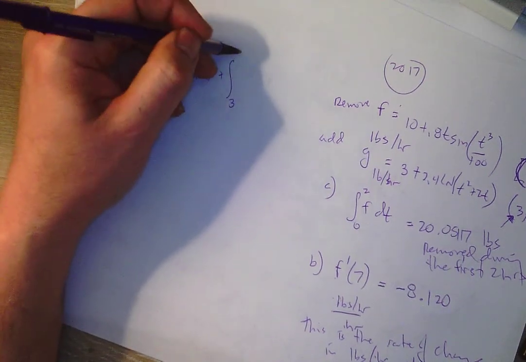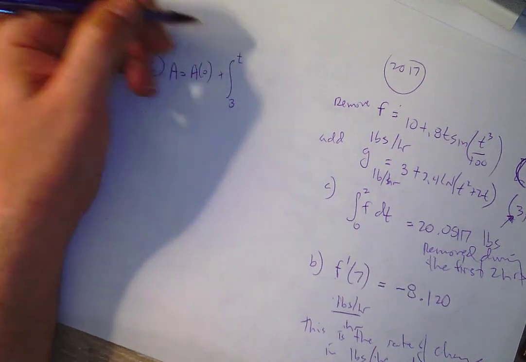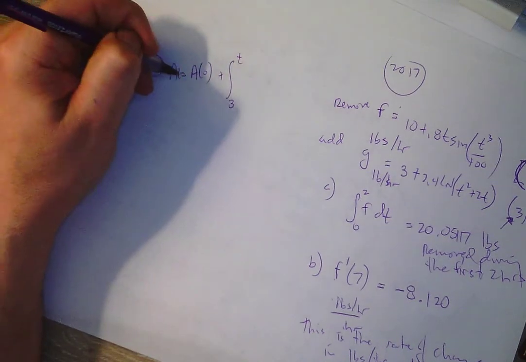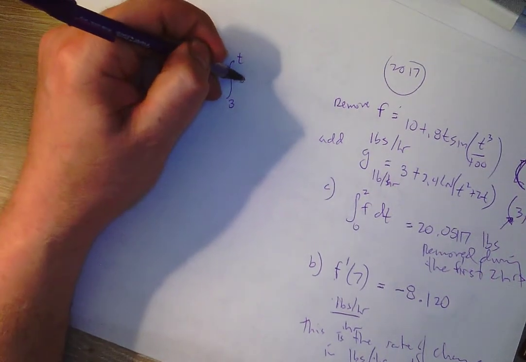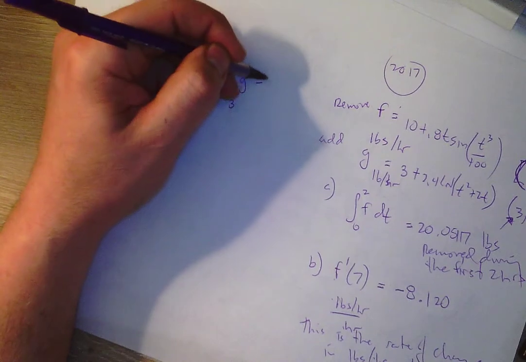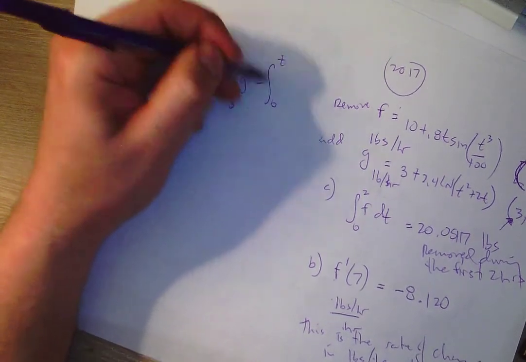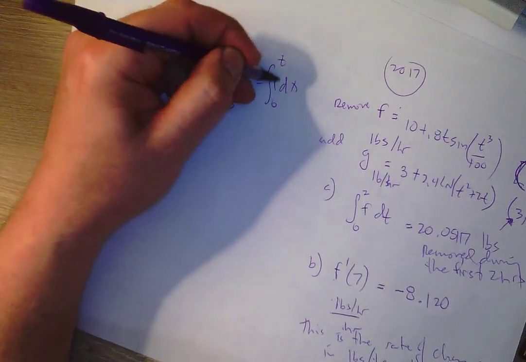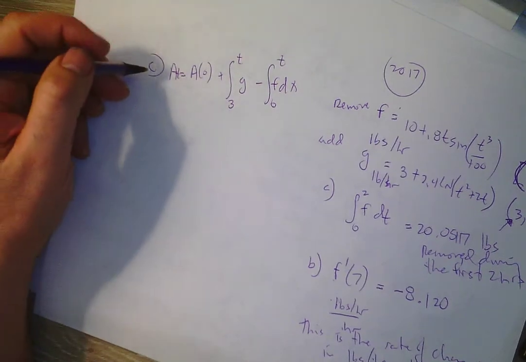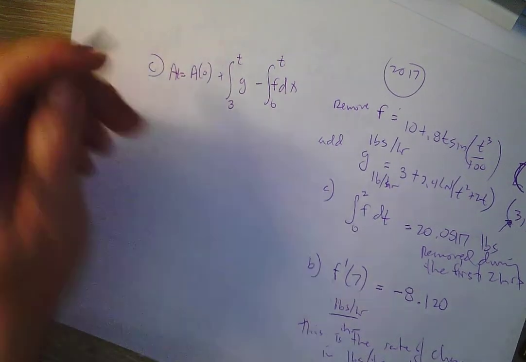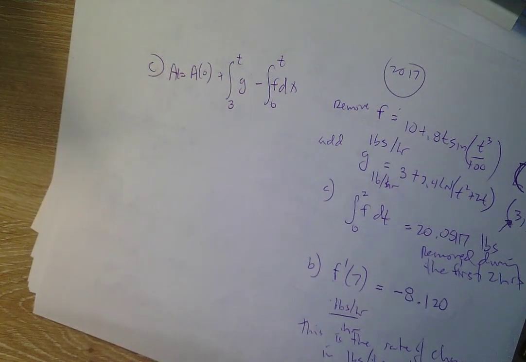We were adding from 3 to the time, but we were subtracting from 0 to the time. Well, luckily, they're asking me at time equal to 5.